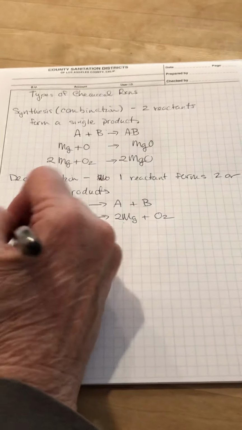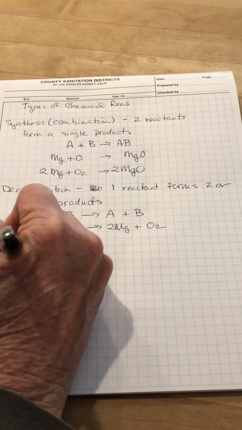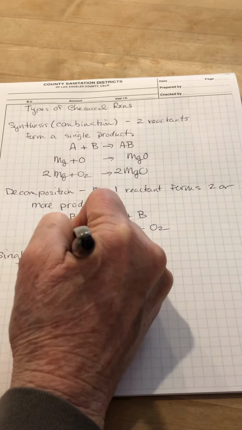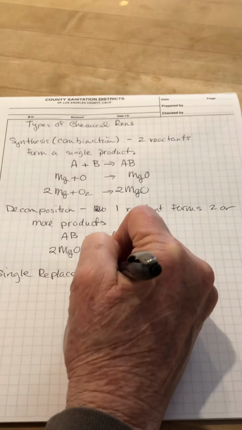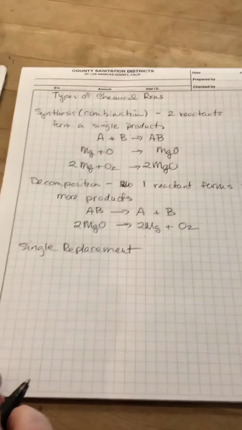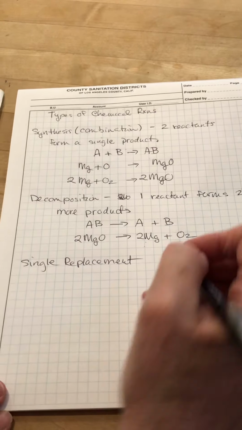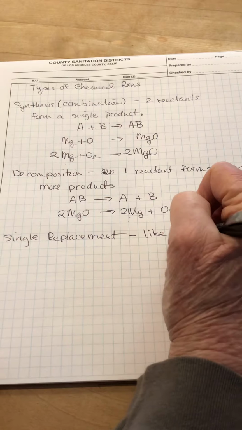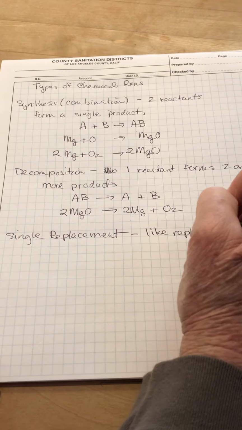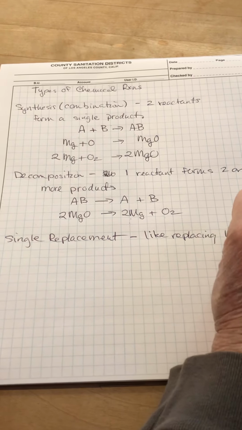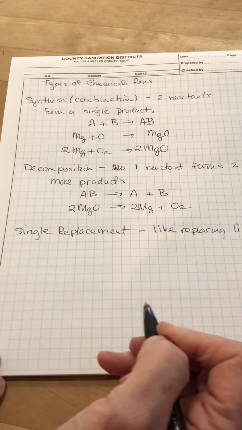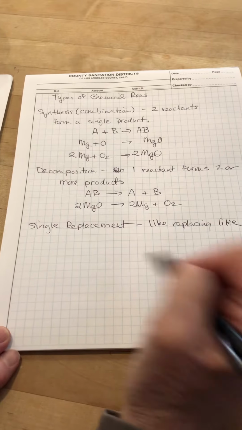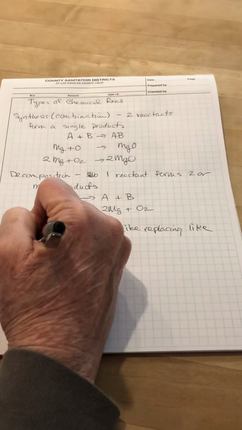The next reaction is called a single replacement reaction. A single replacement reaction basically is like replacing like. What this means is metals will replace metals and nonmetals will replace nonmetals.